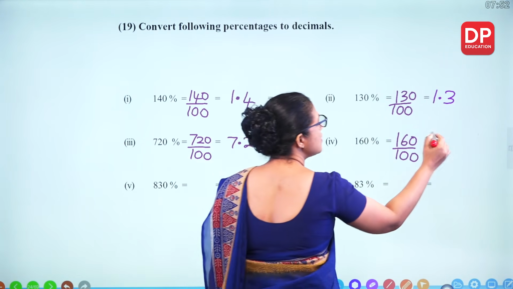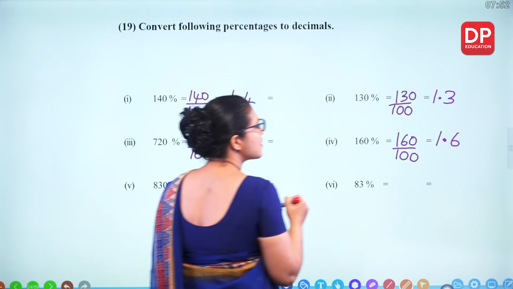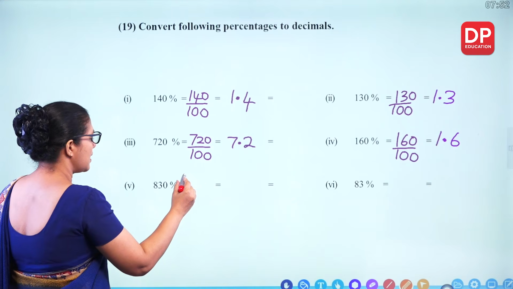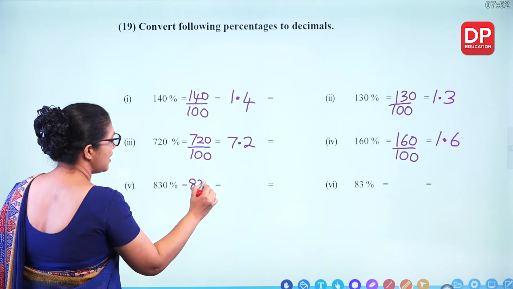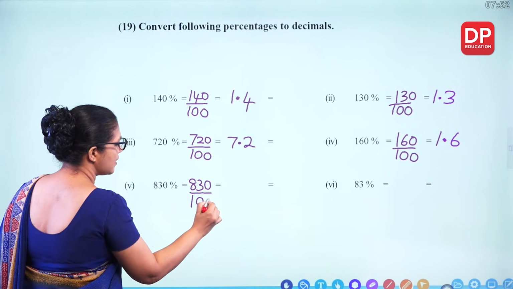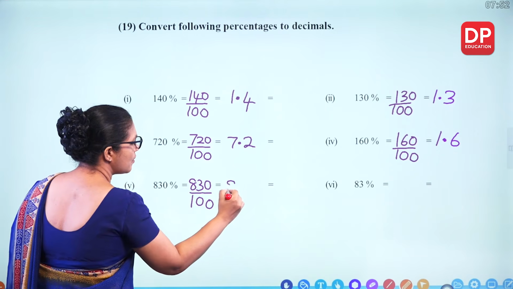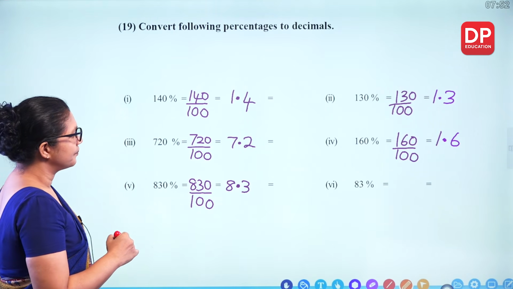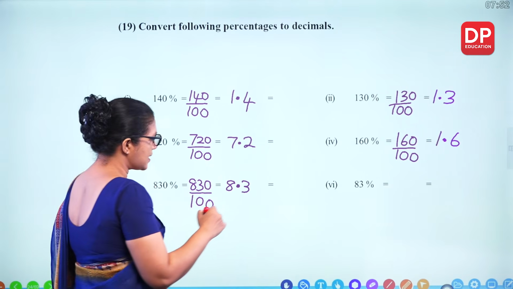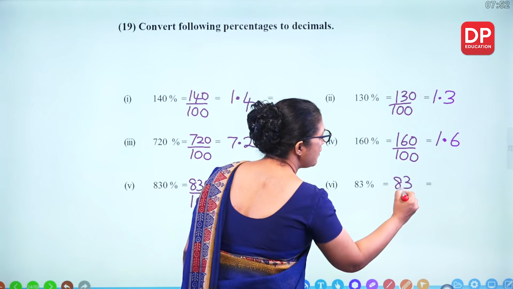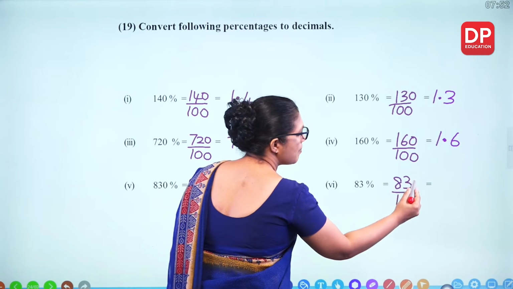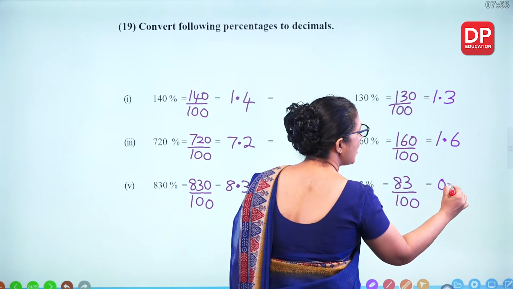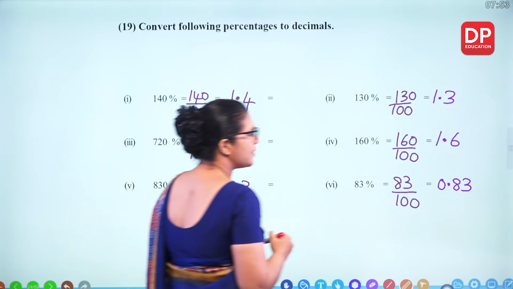Divide by 100 means you get 1.6. 830%. 830 over 100. Divide by 100, you get 8.3. 83%. 83 over 100. Divide by 100, move the decimal place 2 places to the left, 0.83.